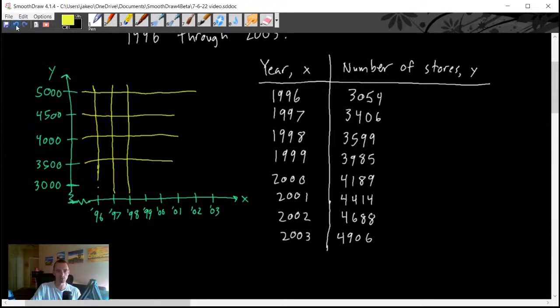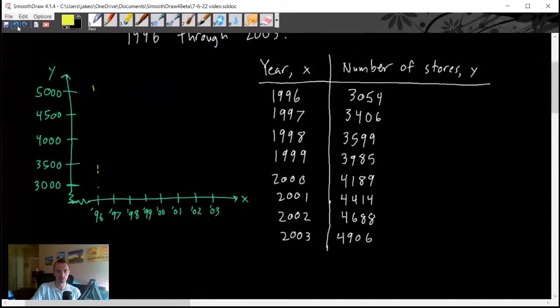So we're going to go to, I'll get rid of these lines here. We're going to go to 1996 on our x-axis, which is right here. And then we're going to go to 3054 on our y-axis, which obviously we don't have 3054 labeled here, but it's going to be just above 3000. Let's just say right about here.